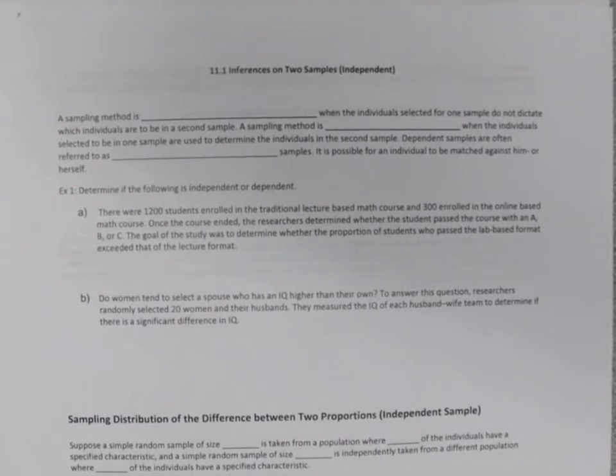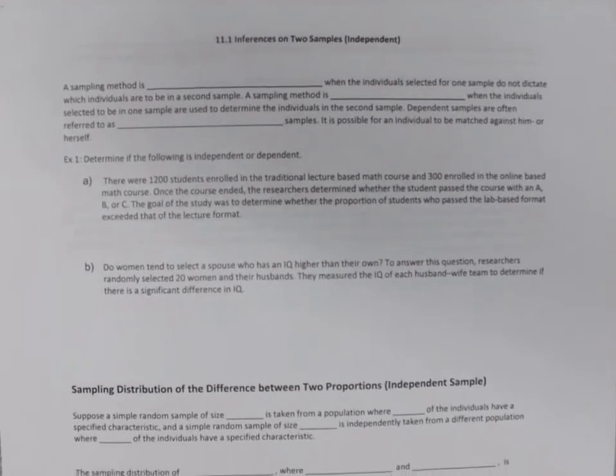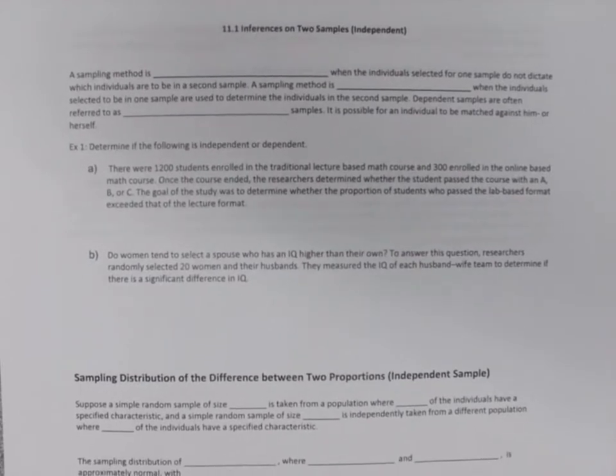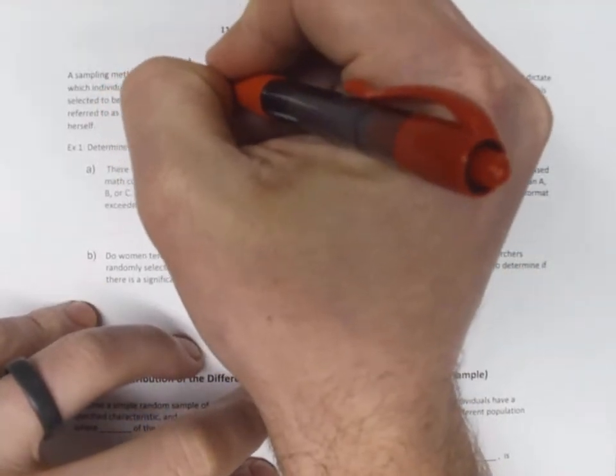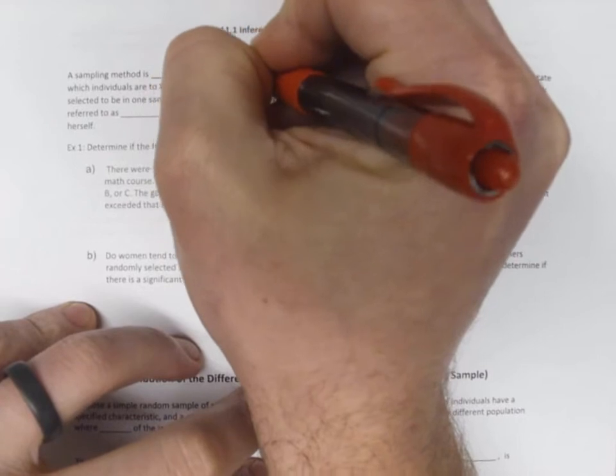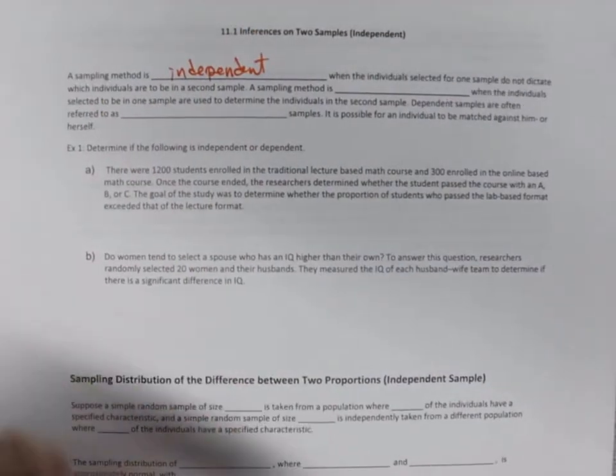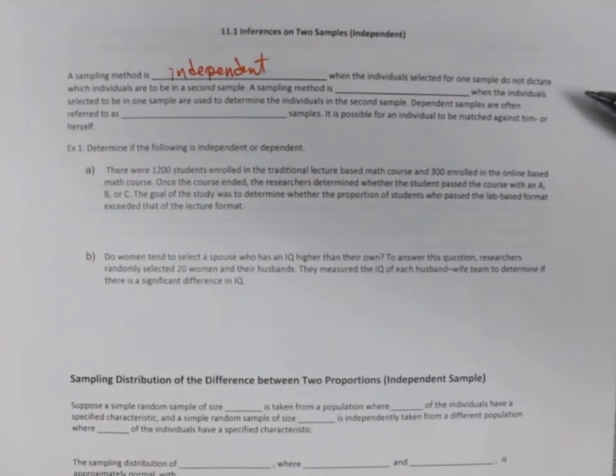And so let's just talk about first independent versus dependent sampling methods here. So a sampling method is independent when the individuals selected for one sample do not dictate which individuals are to be in the second sample.